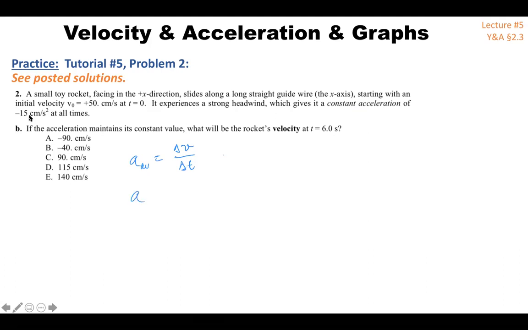Once again, we're going to drop the average. So acceleration, because it's constant, is equal to v final. Now in this case, our final time is at 6 seconds. So a lot of times we'll start writing that as v at time t, or just plain v, minus v initial divided by the amount of time.